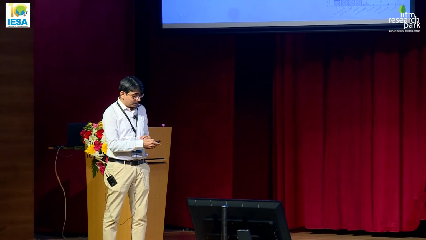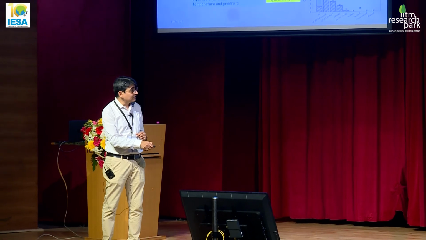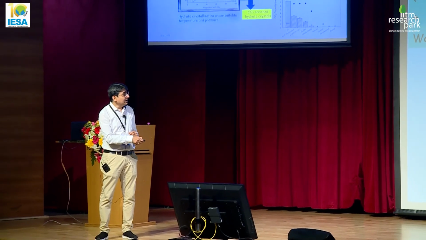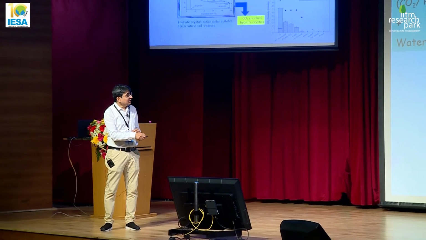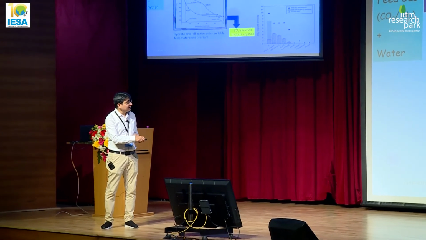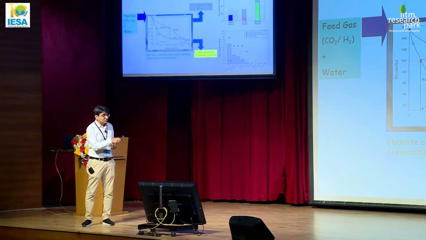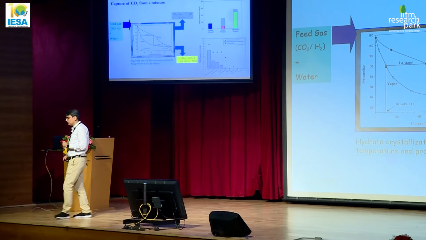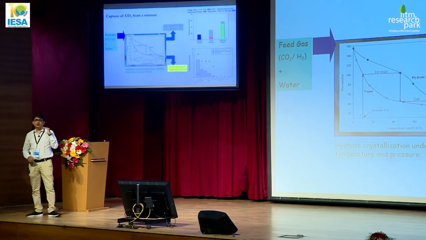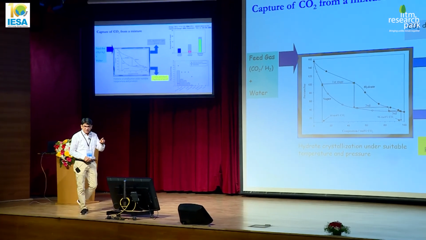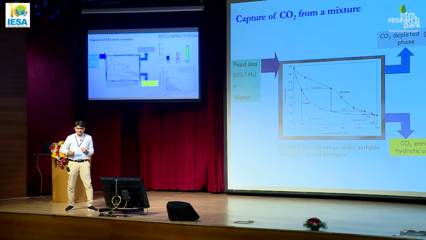In terms of storage capacity, storage of CO2 in hydrates is as good as chemical processes. And in terms of cost, the hydrate process is actually not as expensive as amine, if you talk about capture as well as regeneration cost. Any chemical process will be cheaper when you capture, but then it will be expensive when you regenerate that material, because you have to go to a higher temperature to regenerate it.